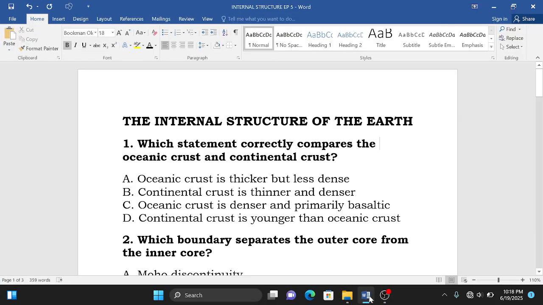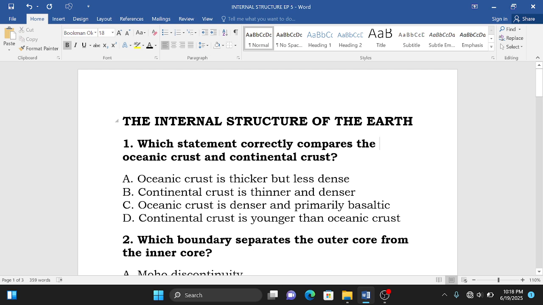I welcome you again to this episode of Physical Geography, where today I come up with different multiple choice questions, but the topic is still the same: the internal structure of the Earth.